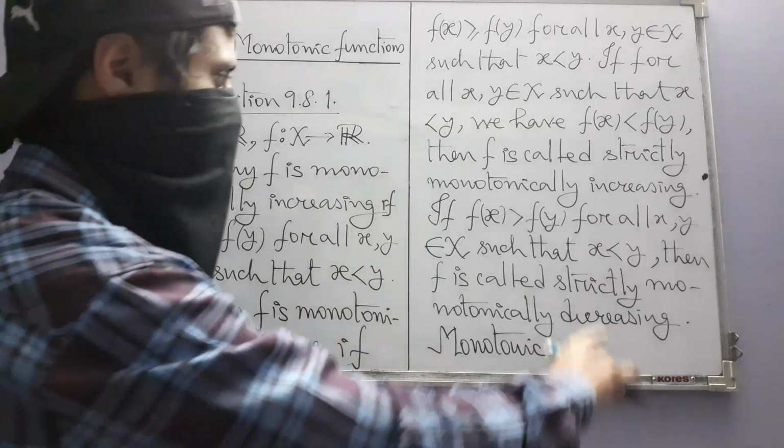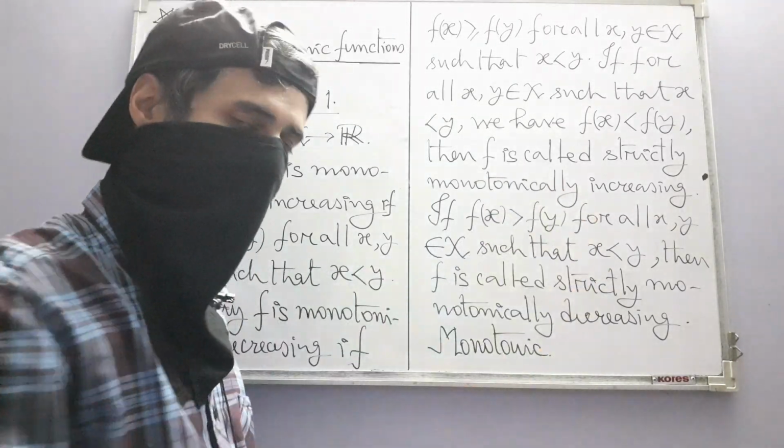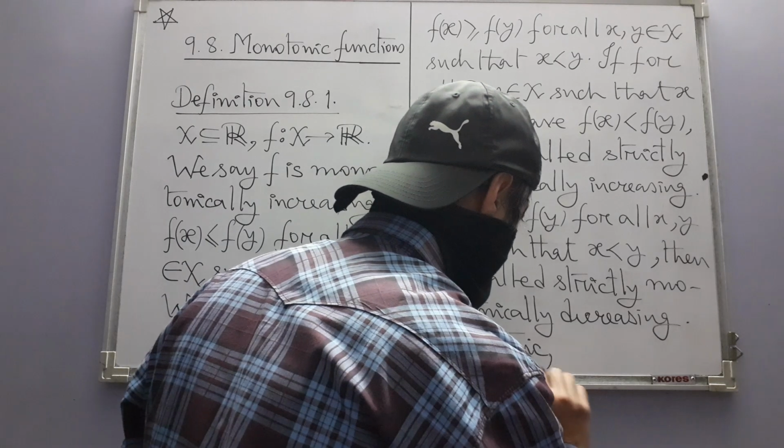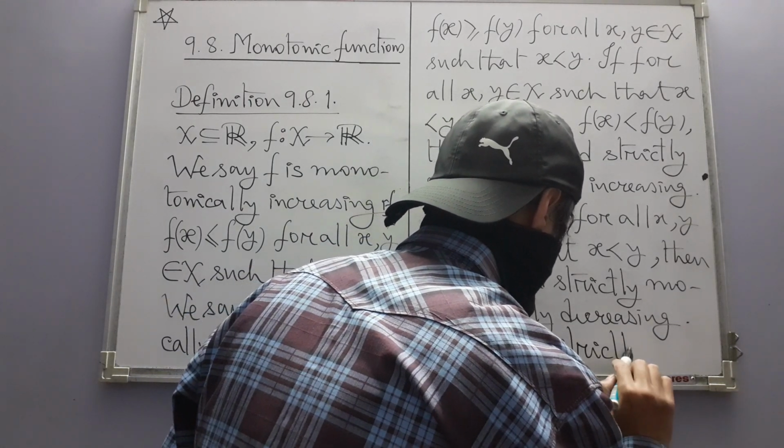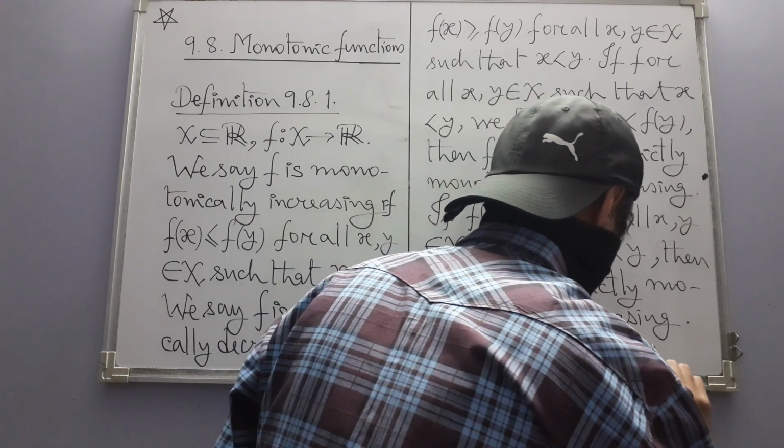Similarly, if it is either strictly monotonically increasing or strictly monotonically decreasing, then it's called strictly monotonic.